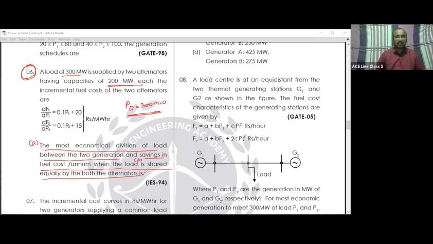Problem number 6. The load is given as 300 megawatt, and dF1 by dP1 and dF2 by dP2 are directly given.